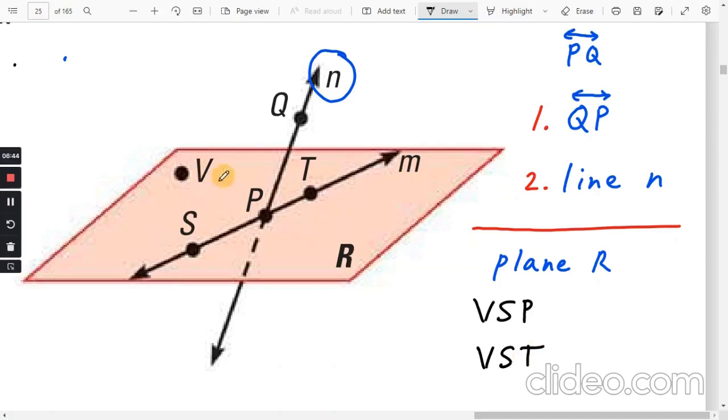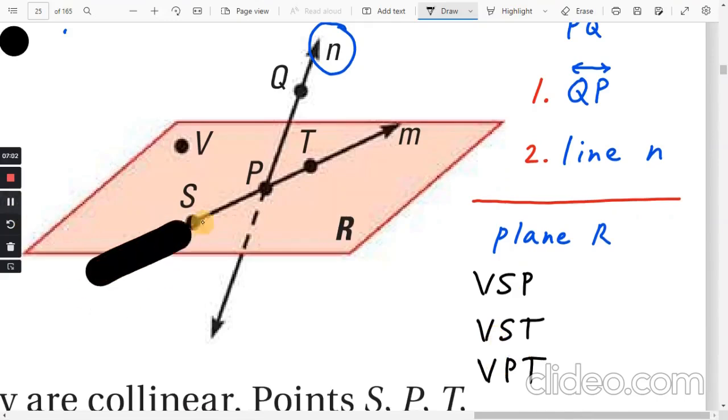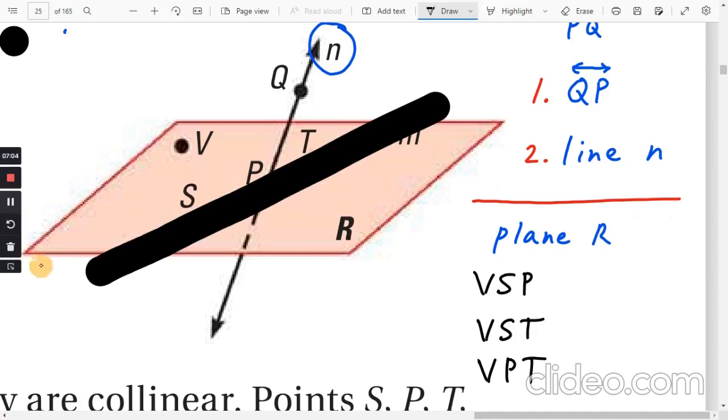You can say VPT. Okay, all 3 of those work, and you can even mix up the letters within each one. So as long as the points are not all on the same line, you're fine.